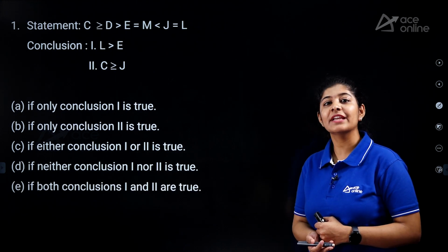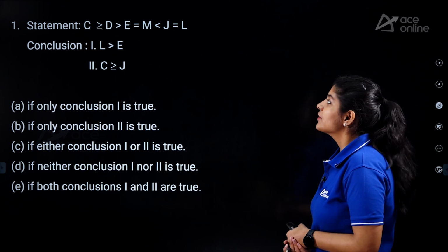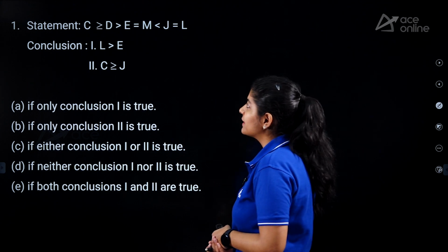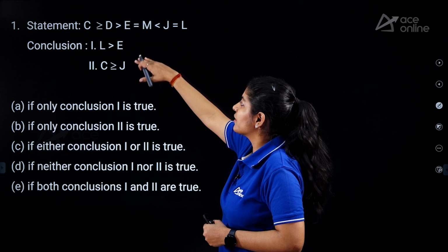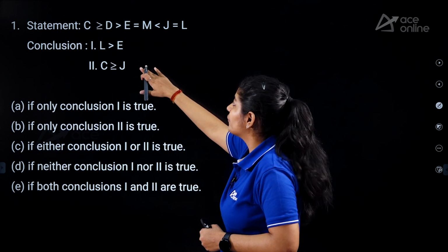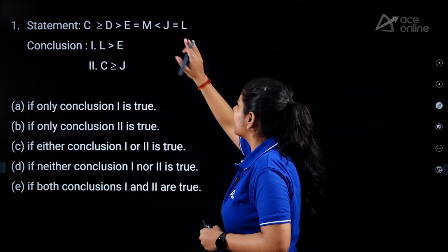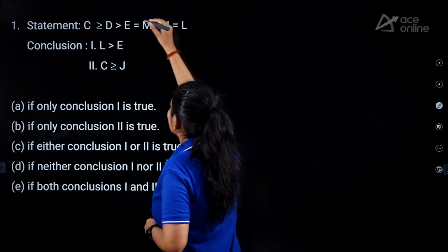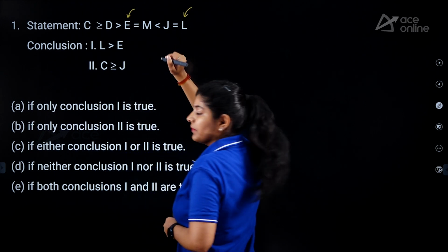Here we are having inequalities as in our syllogisms. So here, first statement says this one. Now, what we have to do, we have to cross-check these conclusions. So the first conclusion says that L is greater than E. Is it given in this particular series? So we can say that here we are having E and here we are having L, right?